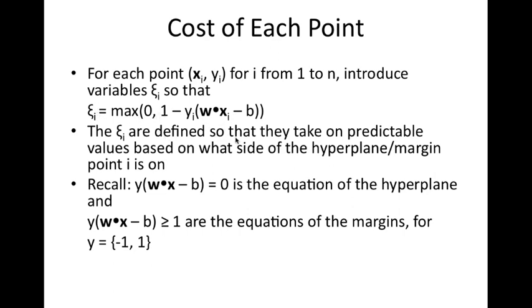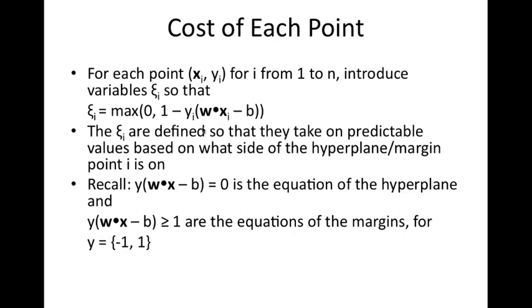It's defined this way so that they will take on predictable values based on what side of the hyperplane or margin each point is on. Remember we saw earlier, and I recapped at the beginning of this presentation, this is the equation of the hyperplane, and this is actually 2 equations of each margin for the 2 different values of y.